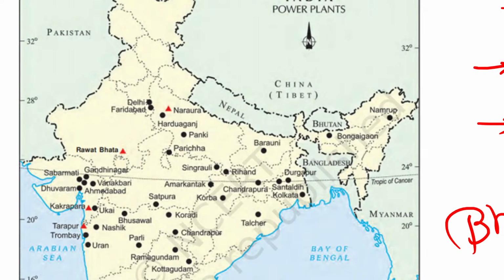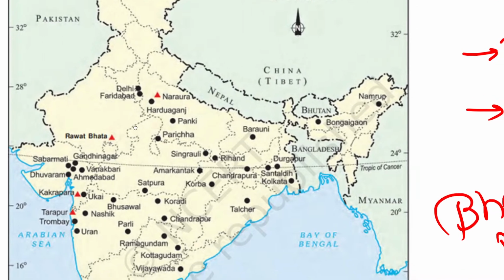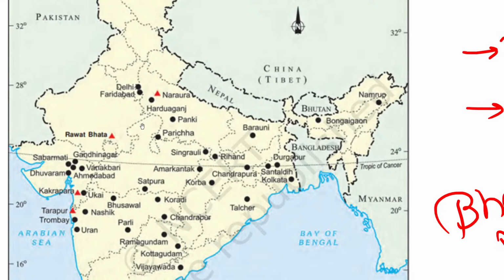So friends, thermal power plants at Delhi, Faridabad, then Haldia, Panki. Narora is a nuclear power plant.